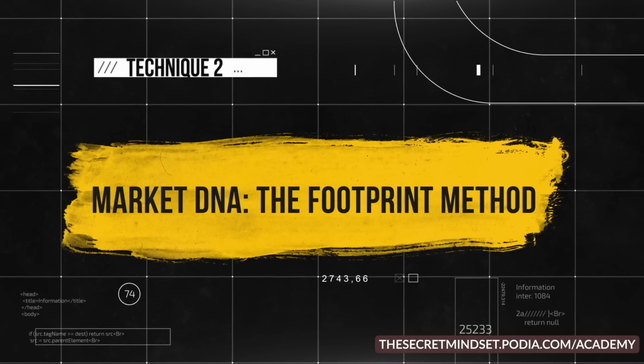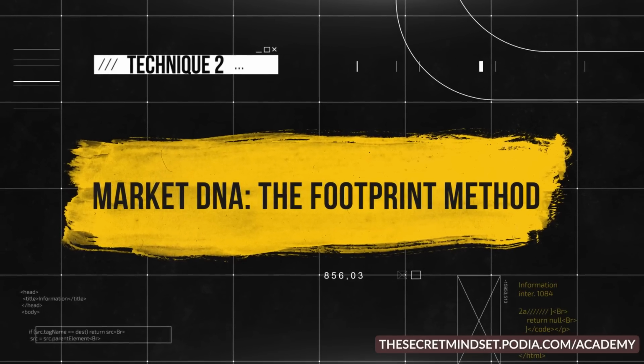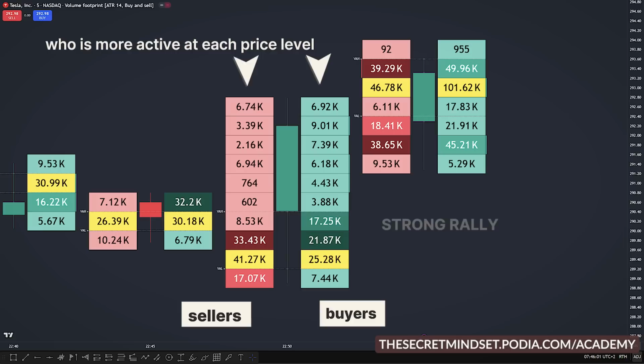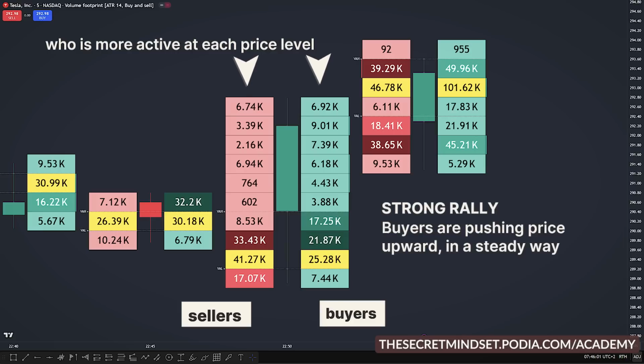Footprint charts split each candlestick into 2 columns of executed orders. One column shows the volume on the bid side, and the other shows the volume on the ask side. This view helps you see who might be more active at each price level. In a strong rally, the footprint can reveal if buyers are pushing price upward in a steady way.